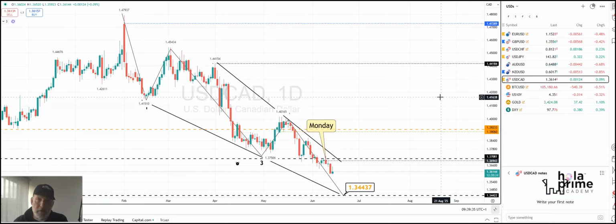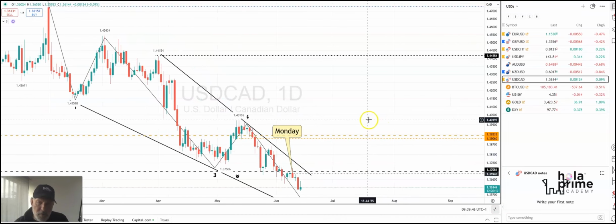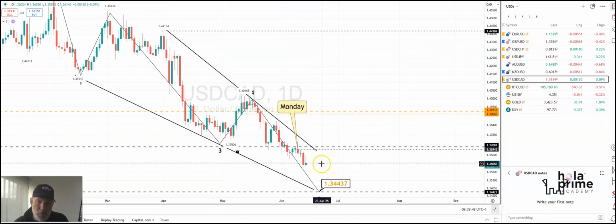Oil is obviously correlated with the Canadian dollar. What has the potential to happen now, because we've talked about US oil, is that we get a period of consolidation. Even if we see a move to the upside in the US dollar against the Canadian dollar, that's strengthening dollar, weakening oil.